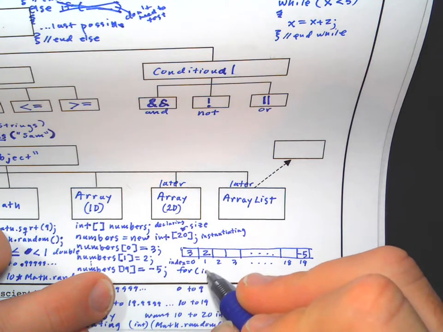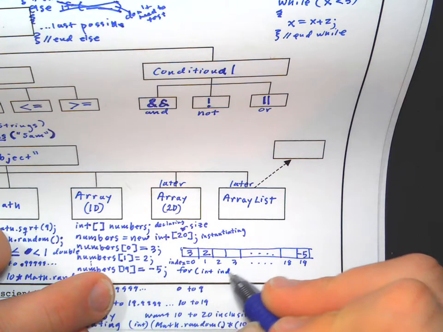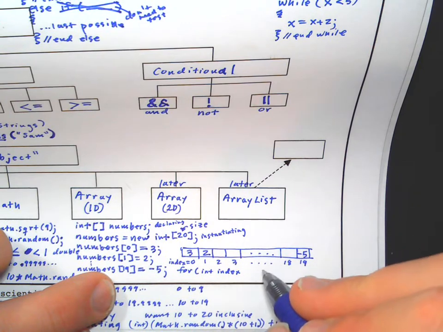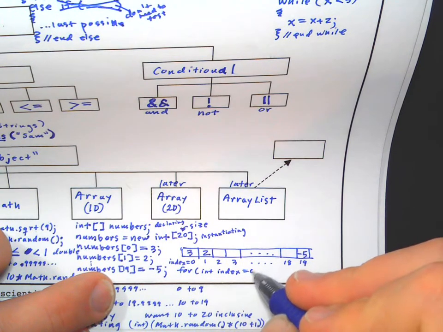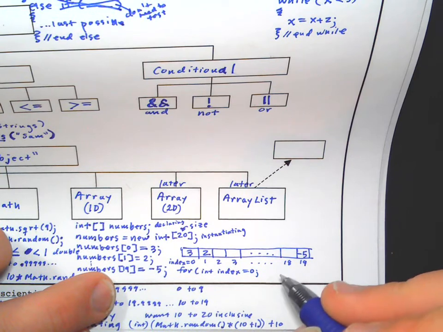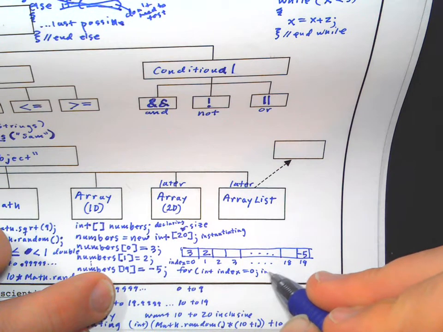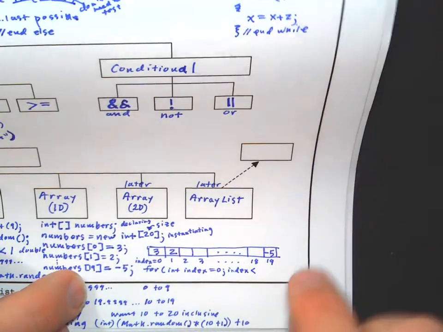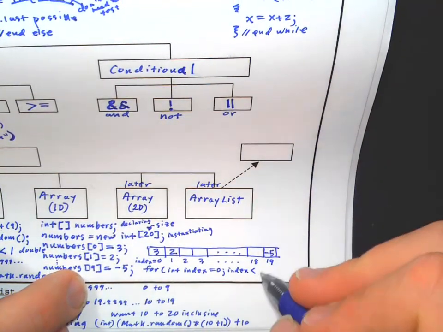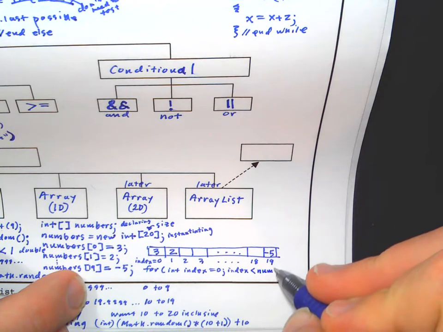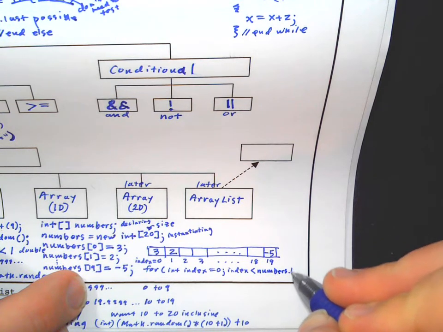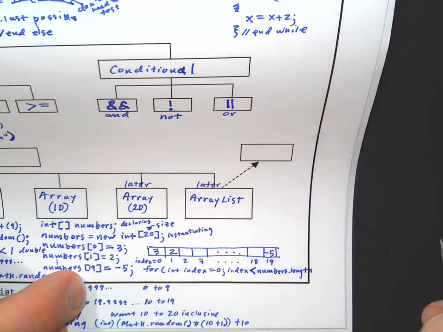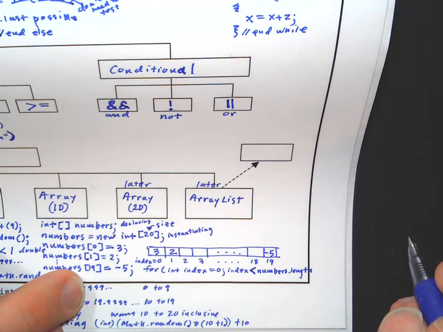So just as a quick example, now usually I use the variable name index for the counter because that makes a lot of sense for an array. I wouldn't say counter in this case, I'd say index because it's keeping track of the spots. And then your condition, usually in this spot, instead of hard coding 20, we want to make Java tell us the length of the array, numbers dot length. Now the length will come back 20, and we always want to be less than 20, because if we're equal to 20, we're getting an out of bounds error.